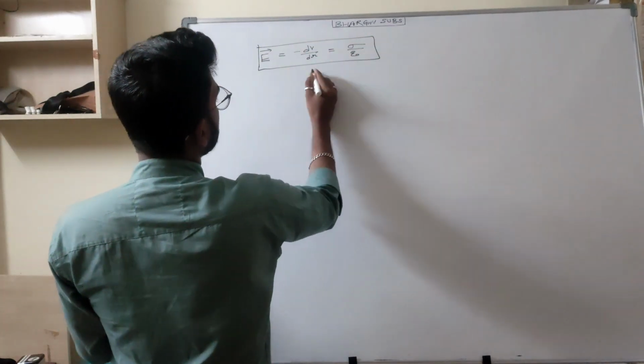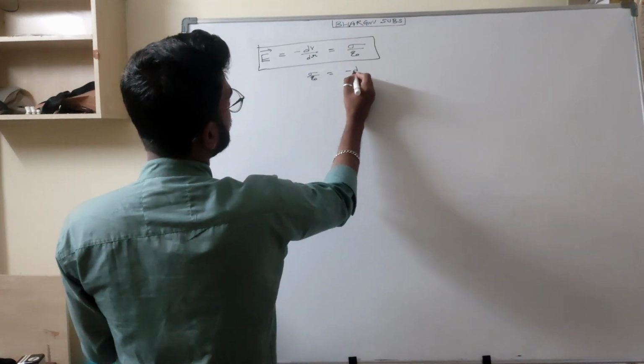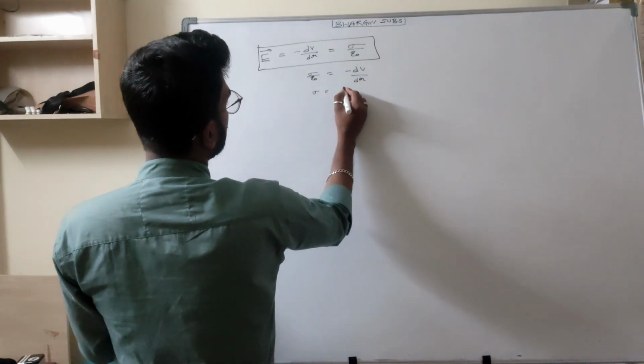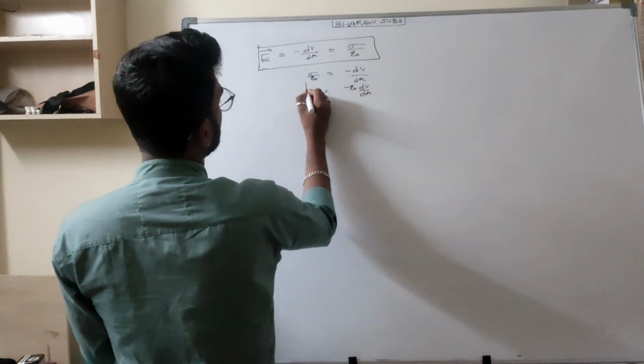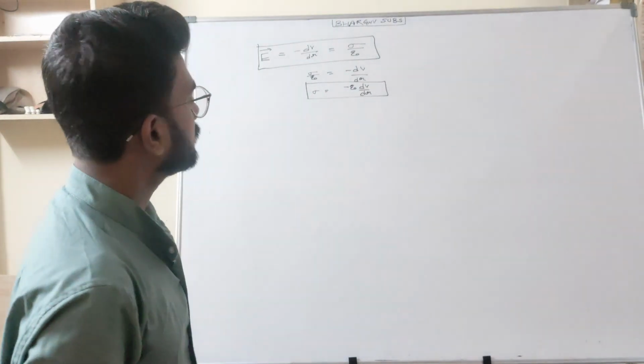So sigma by epsilon is equal to minus dV by dr. So sigma is equal to minus epsilon naught dV by dr.